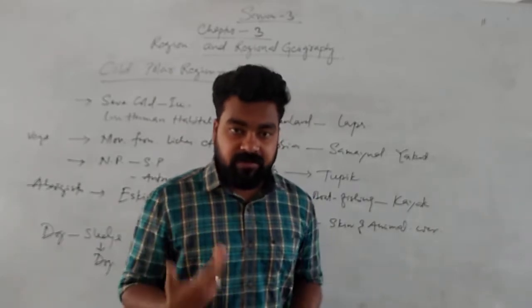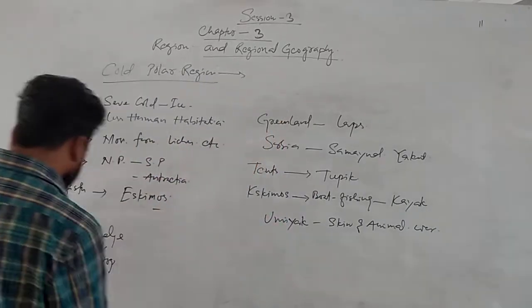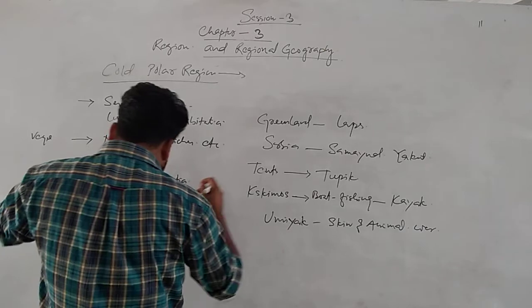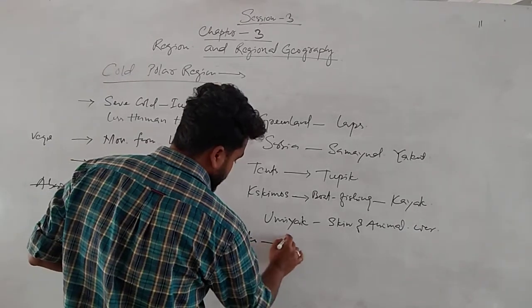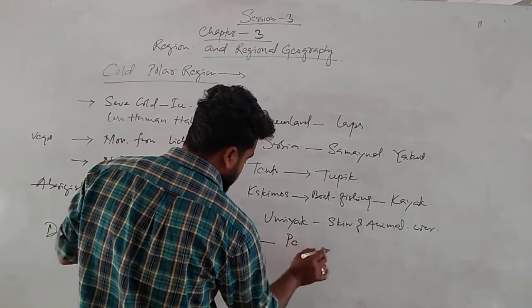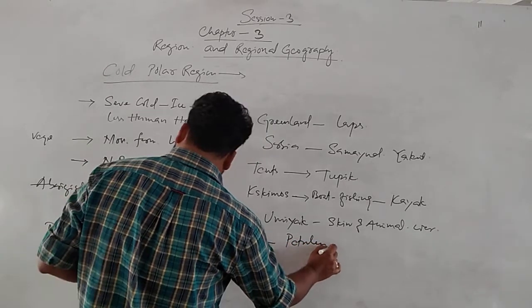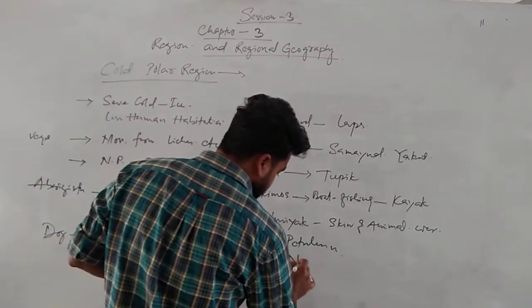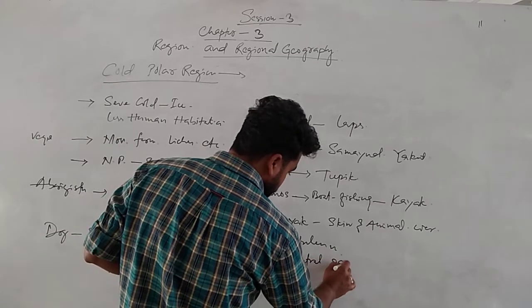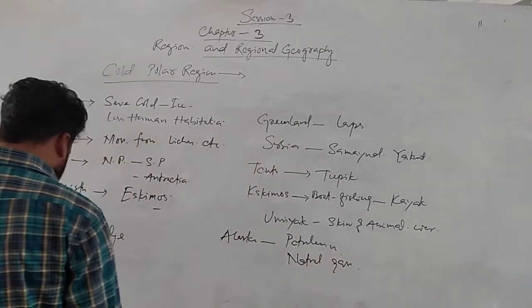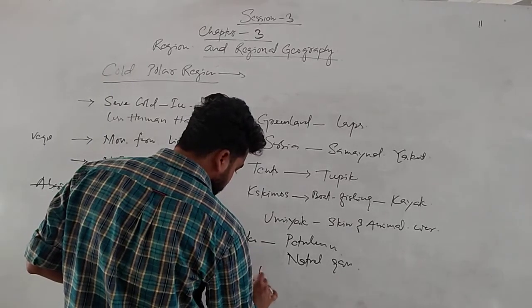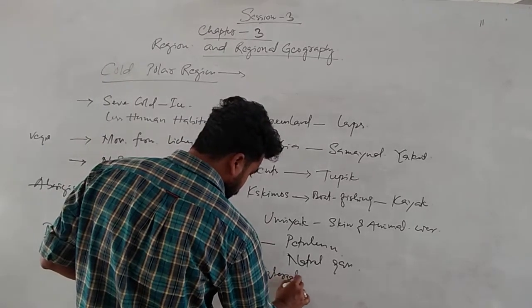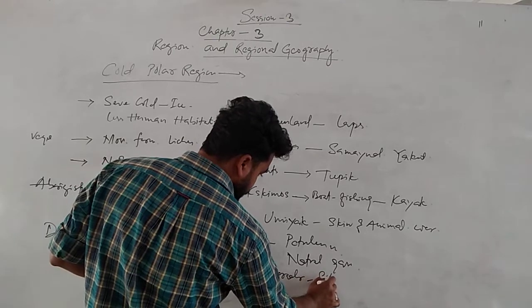Generally Alaska produces some petroleum and natural gas, and some oil is also produced in Labrador and Siberia.